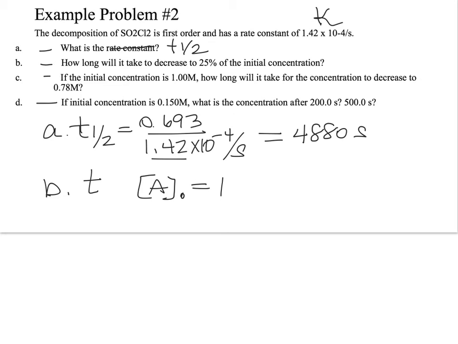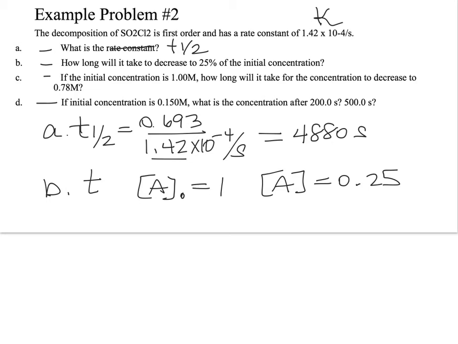It doesn't matter what it is. A would be 0.25, right? So it just has to be 25% of whatever the initial concentration is. I could make it 10 and 2.5, or 100 and 25. It doesn't matter, as long as I have the proportion correct.